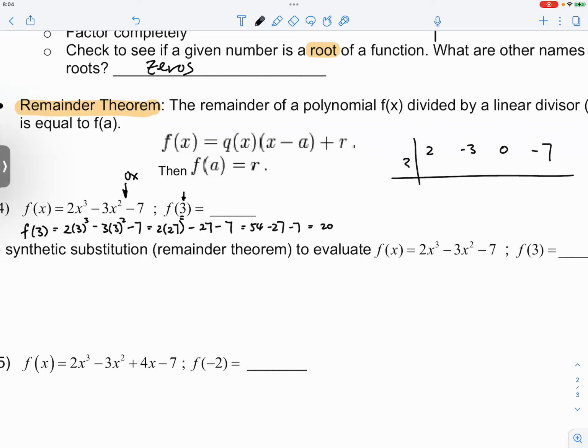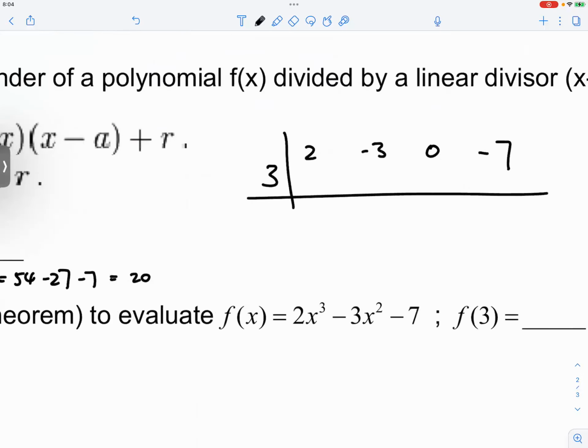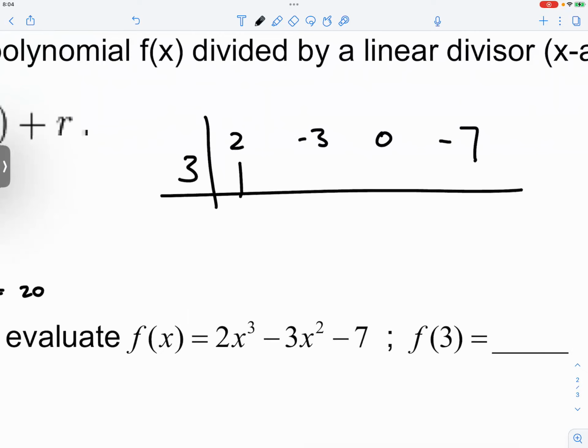I don't mind. So you put the 3 right here. If it says f of 3, you put a 3 right here. So we do the synthetic division, just like before, going down to 2, and then we start multiplying and adding. And the remainder is 20.